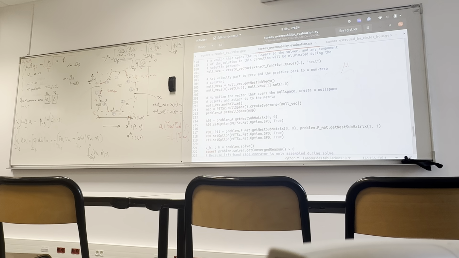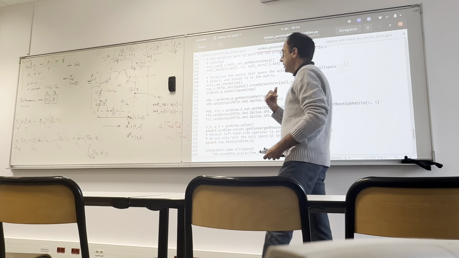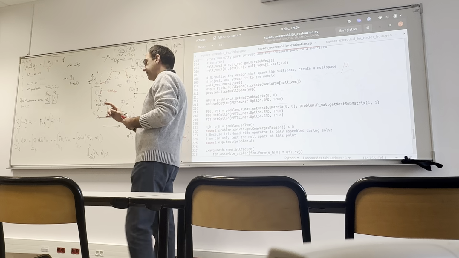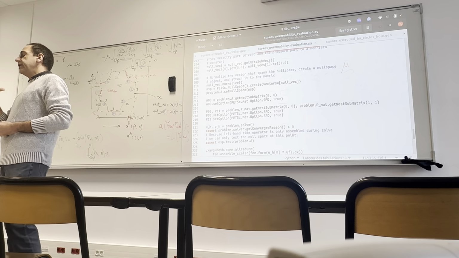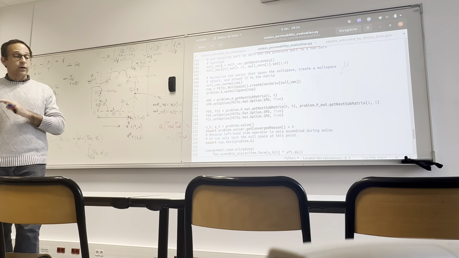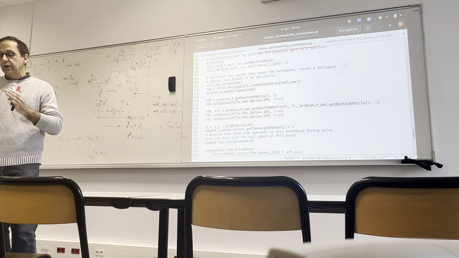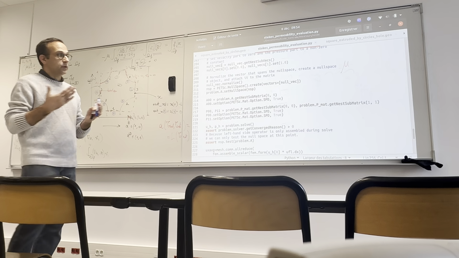Here there is a delicate point, which is related to the fact that in order to solve for the pressure, we need to restrict the space where we look for the solution of the pressure by removing the null space. And what is the reason of that?